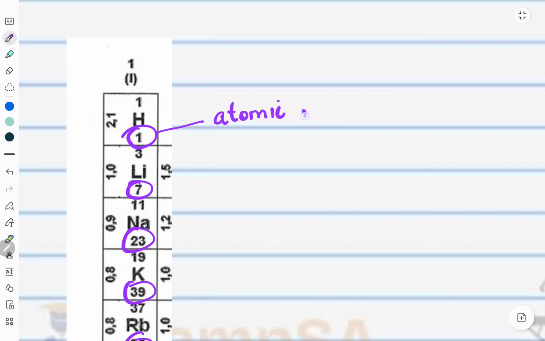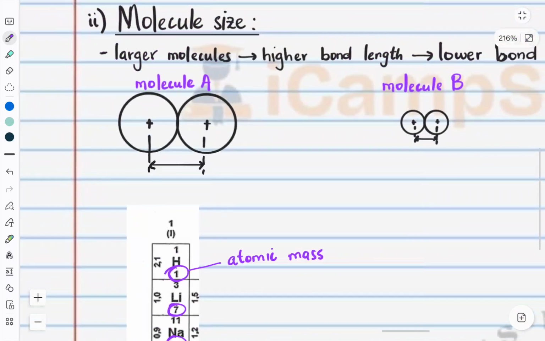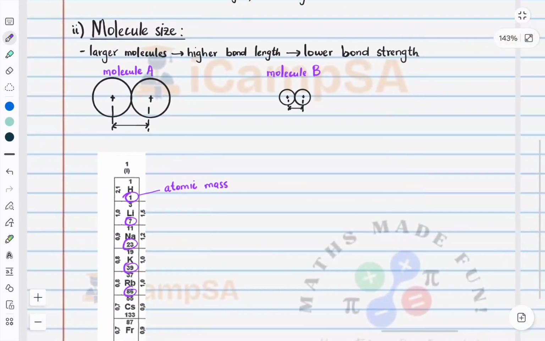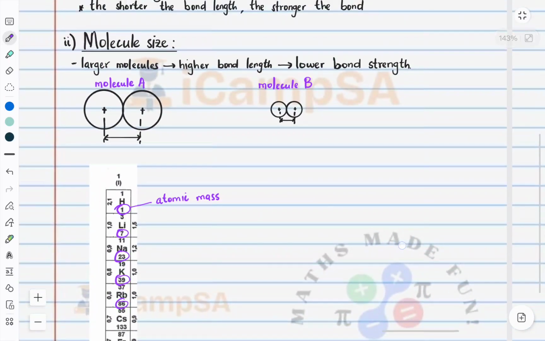And we know that if this atom was to bond with another atom and then we check this mass, if it's greater for molecule A compared to molecule B, then we know that the bond length will be greater for molecule A, right? So that's what we mean by molecule size.